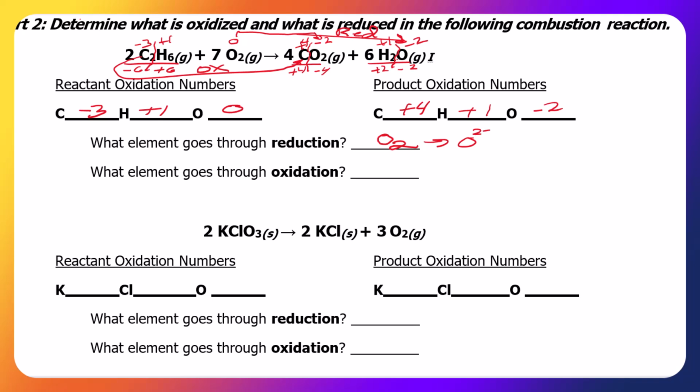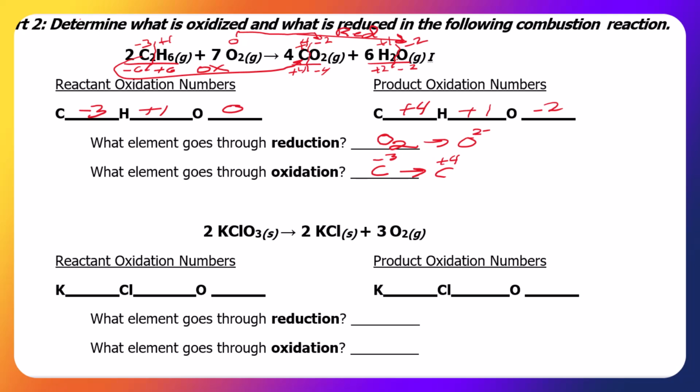All right, and then what element goes through oxidation? We had carbon with a -3 charge, so I'm going to say carbon, and I'll go ahead and just put that so you can see that carbon with a -3 charge went to carbon with a +4 charge.